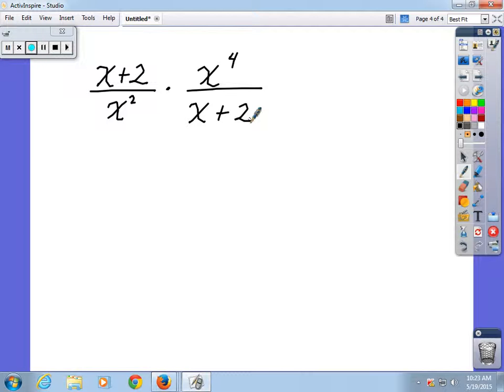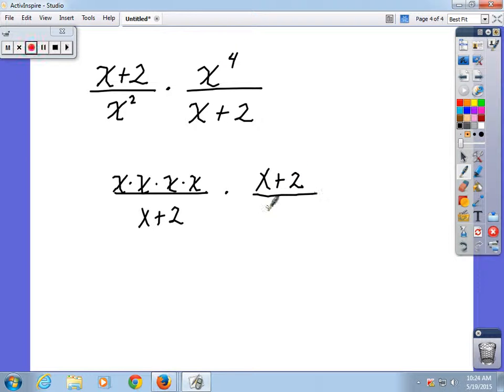When in doubt, write it out. So let's do that. x times x, that's that. And I'm going to put all that over x plus 2. And then times x plus 2 over x times x.